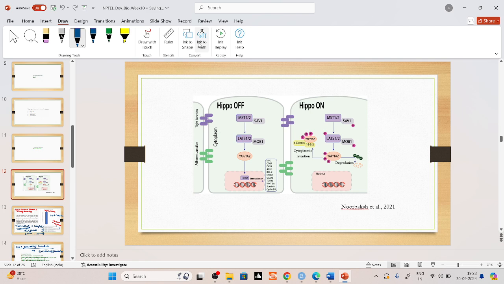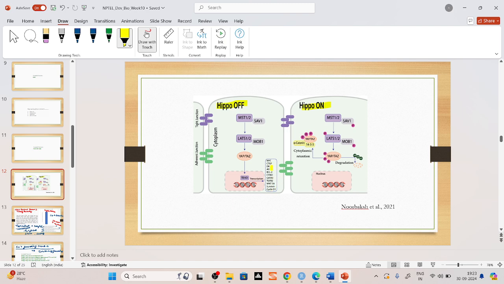So see, this is your inactive Hippo pathway and this is your active Hippo pathway. When the Hippo pathway is inactive, the unphosphorylated YAP or TAZ can enter the nucleus and interact with the TEAD DNA binding protein, which we called TEAD1, and target genes are regulated.